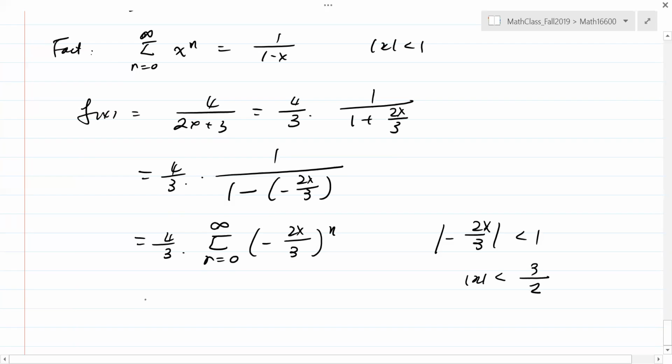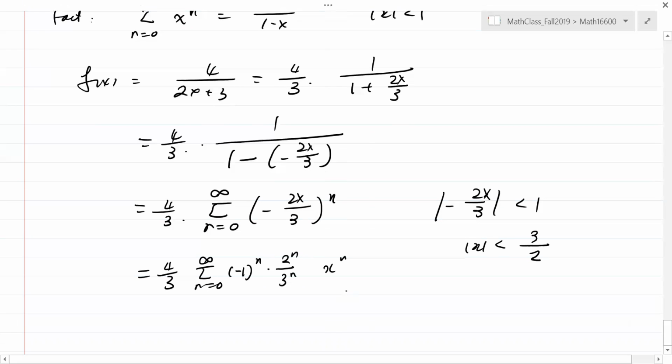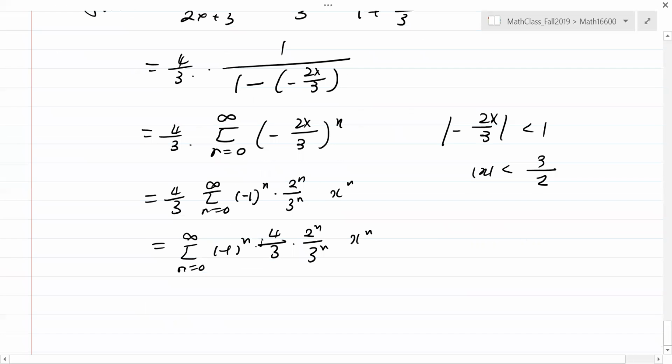But this one, you have to express it in the form that then looks like a power series you need. Of course you have to move the constant into the coefficients. So those are the coefficients you're looking for, that's the c_n.